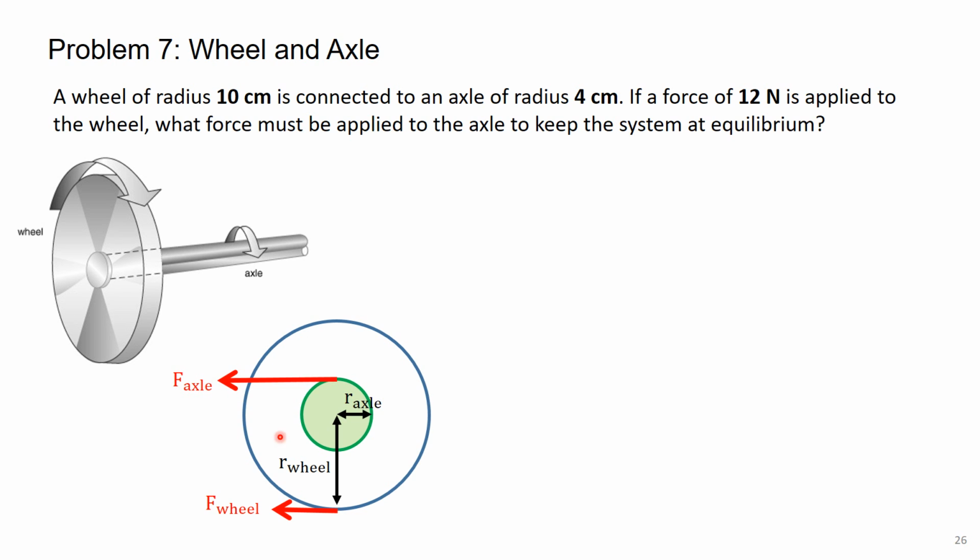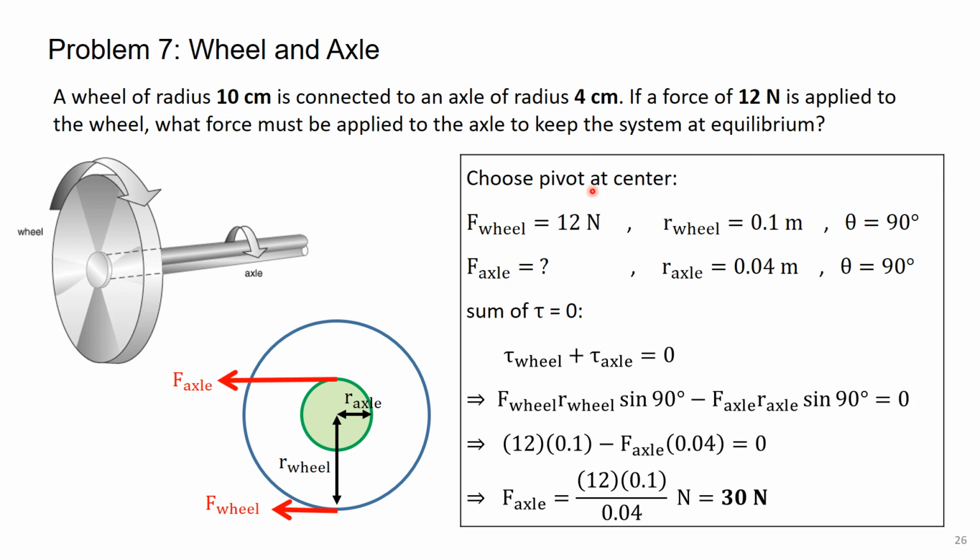Now, let's think of torque. The force on the wheel generates some torque. To calculate the torque, you multiply the force with the R value of the wheel and then the sine of the angle. Similarly, the force on the axle generates a torque, and to calculate the torque, you factor in the force of the axle and the radius of the axle.